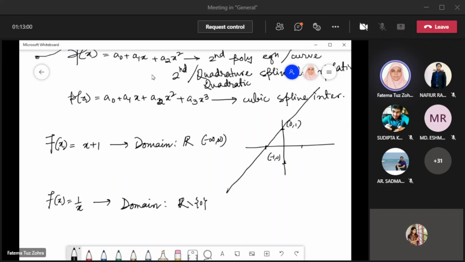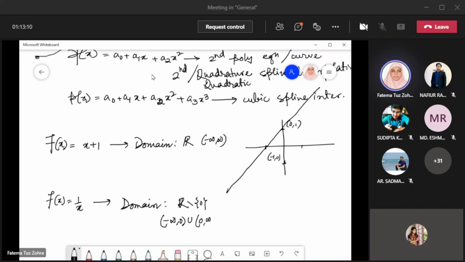So we can write it as minus infinity to 0, union 0 to infinity, that means 0 is not included. When you draw the graph of y equals 1 by x, at the point x equals 0 we don't have a graph. There is a break or hole.